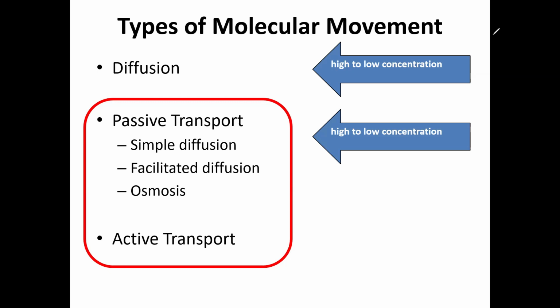And we have facilitated diffusion, which is also a movement of molecules from the region of higher to a lower concentration, but in this case, facilitated diffusion requires the use of protein carriers.